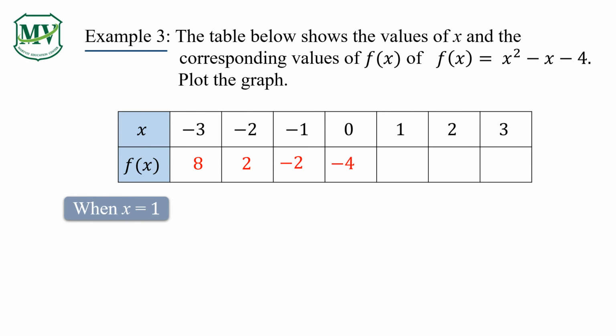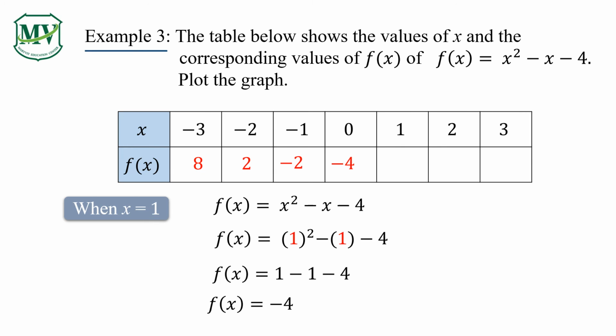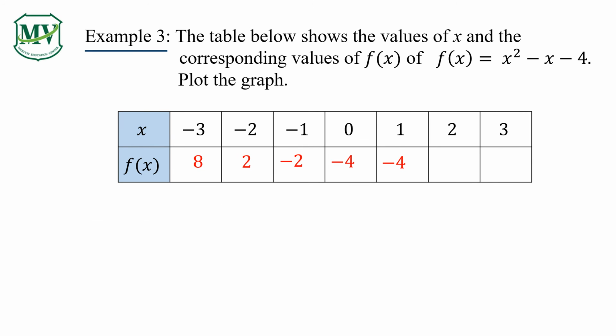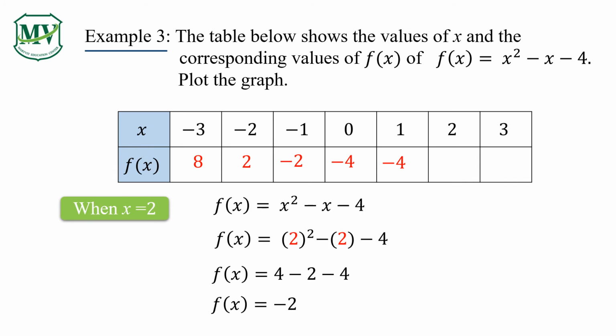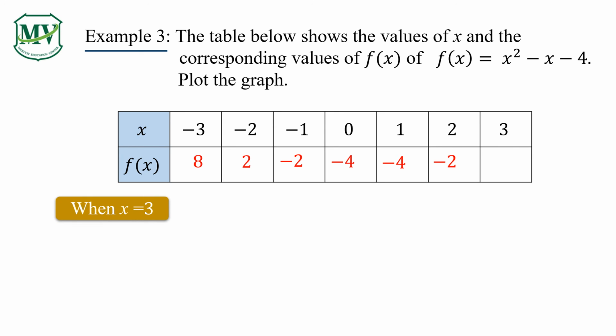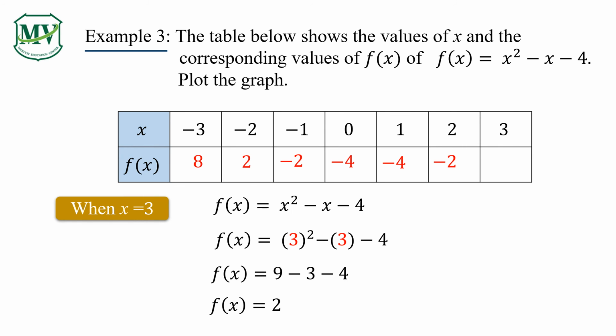When x is equal to 1, f of x is equal to negative 4. When x is equal to 2, f of x is equal to negative 2. And when x is equal to 3, f of x is equal to 2.